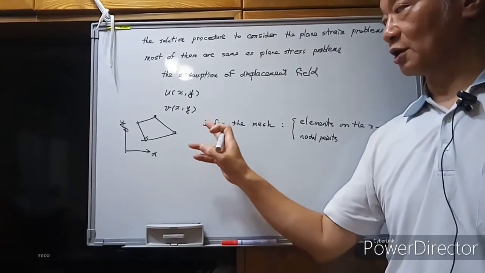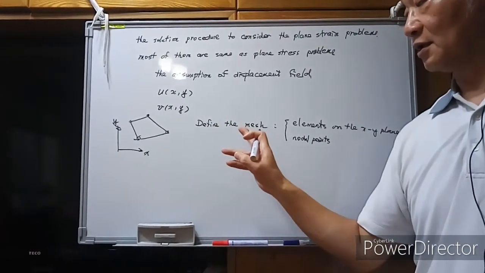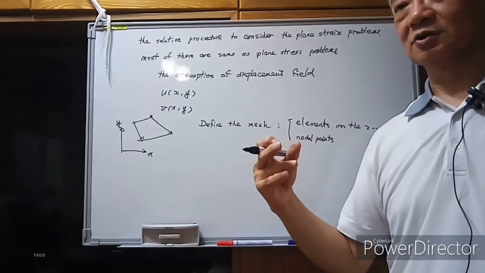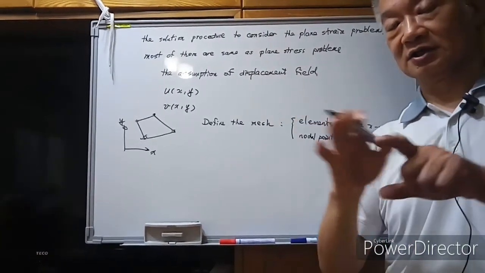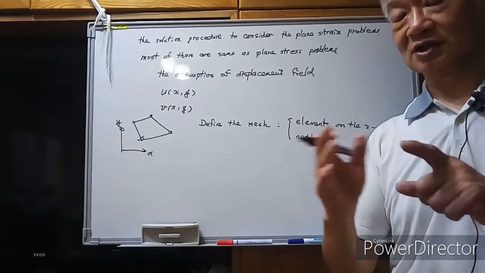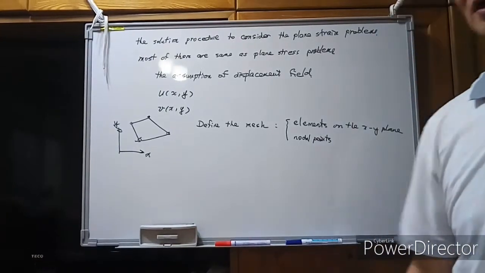Remember the requirement of the finite element analysis. The union of all elements must be the entire structure. And the intersection of two neighboring elements is only the common boundaries between these two elements.